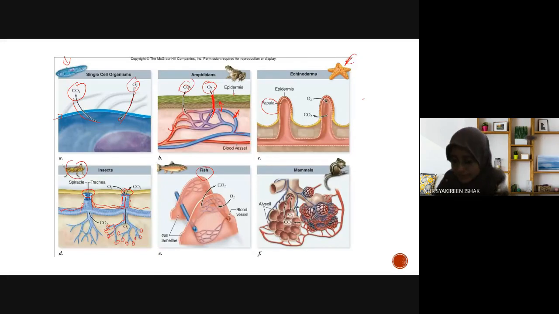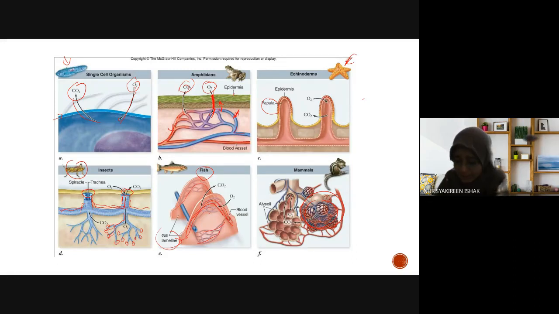So fish depend on the gills. Gills have many structures that we call gill lamellae. Like our alveolus, for fish they have gill lamellae. Within these gill lamellae, they have many blood capillaries for the exchange of gas.